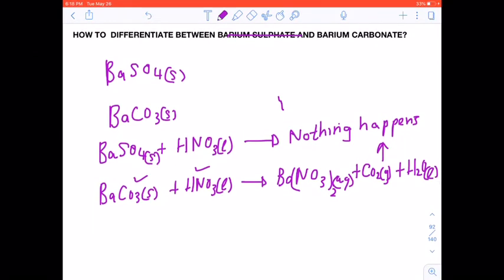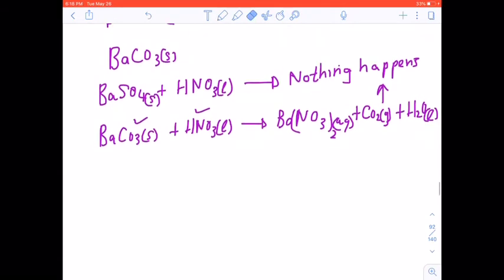Okay, I'm just double checking that. So there's barium carbonate. So here I've got barium nitrate. So let's see this balance, and let's check. So that's 2HNO3, right?